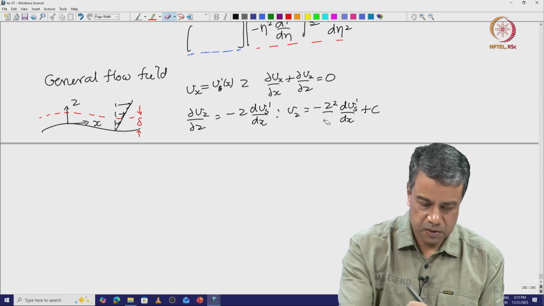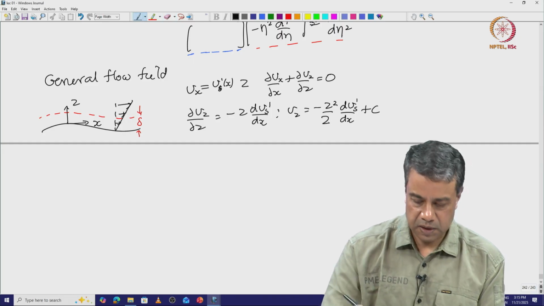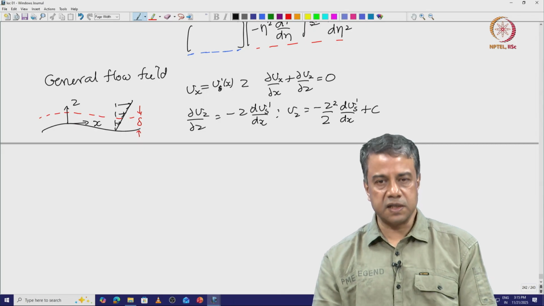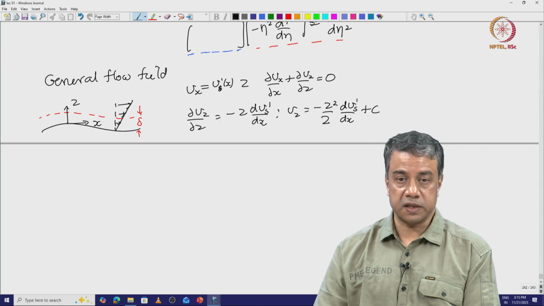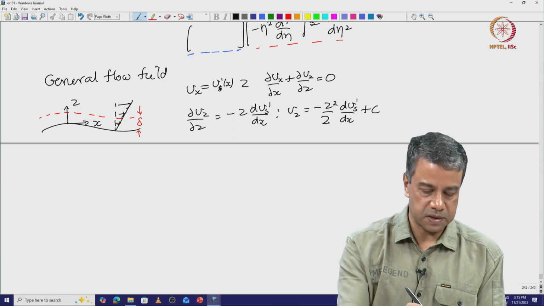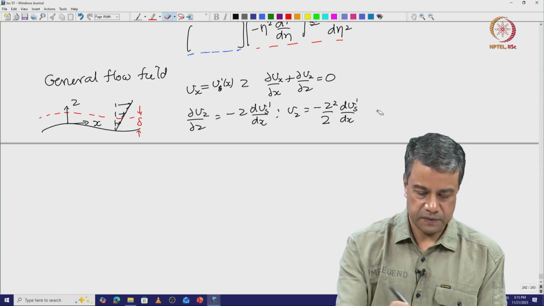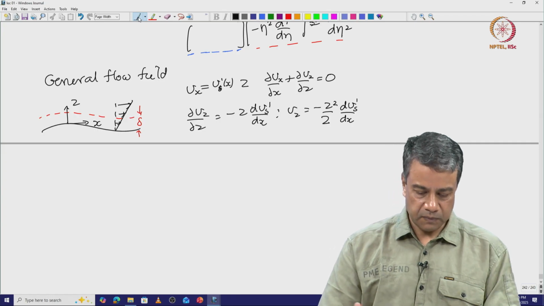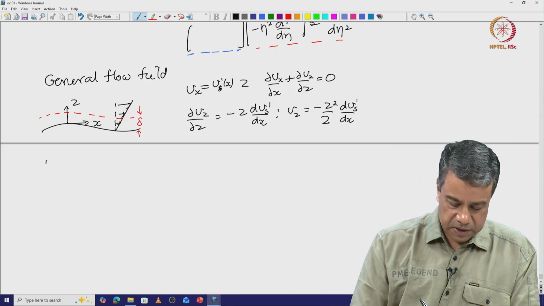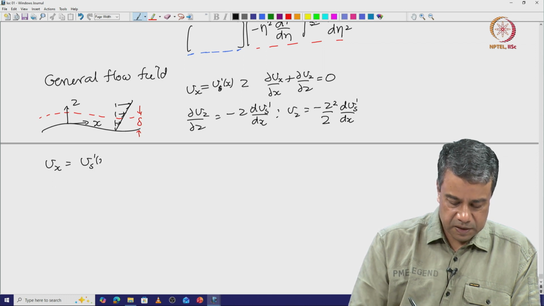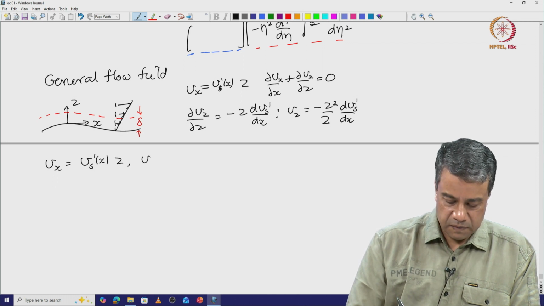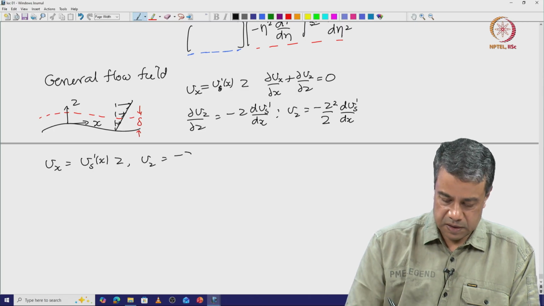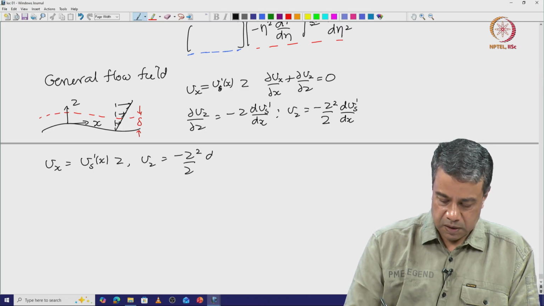That constant has to be 0 because at z is equal to 0 there is no penetration into the surface. Therefore, I have the velocity components Vx is equal to Vs prime of x times z, Vz is equal to minus z square by 2 dVs prime by dx.